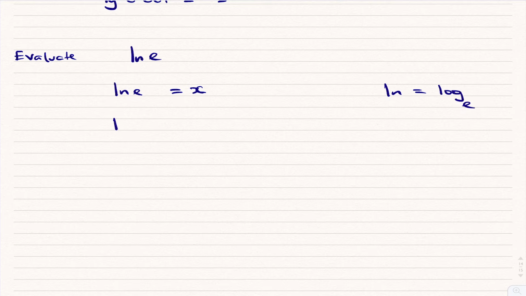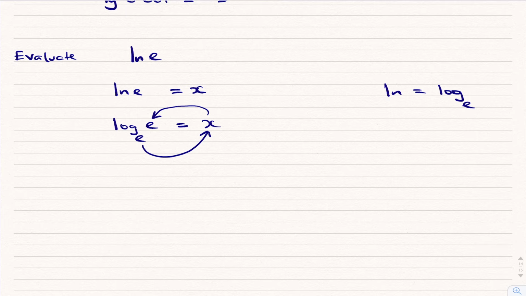So I have log of base e of level e equals x. Now I need to perform my function operation. e to the power of x equals e. Raise the base to equal, and then that will be equal to the level.